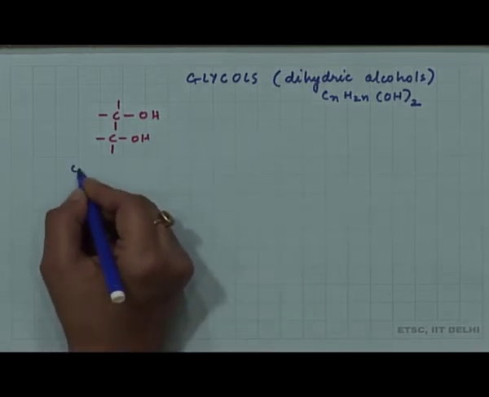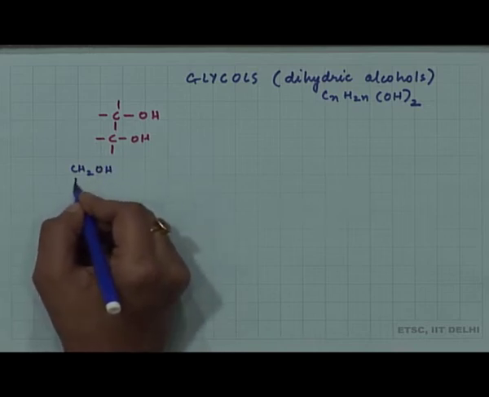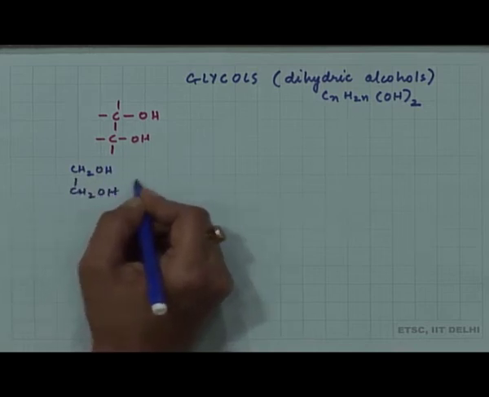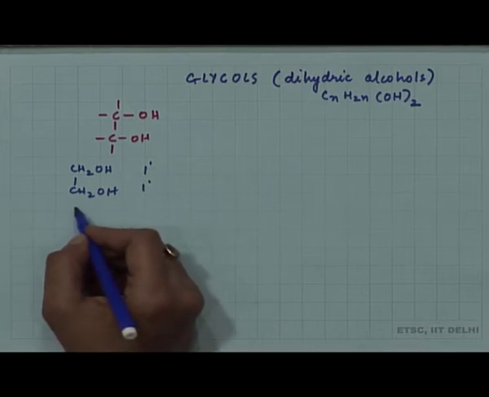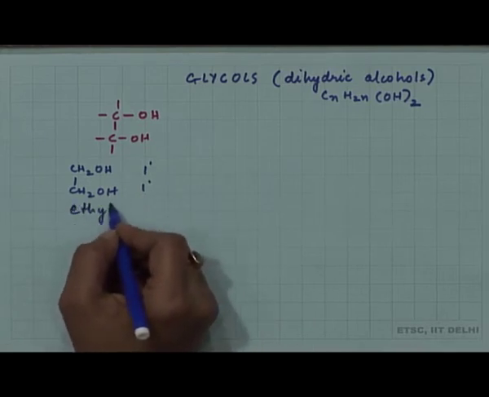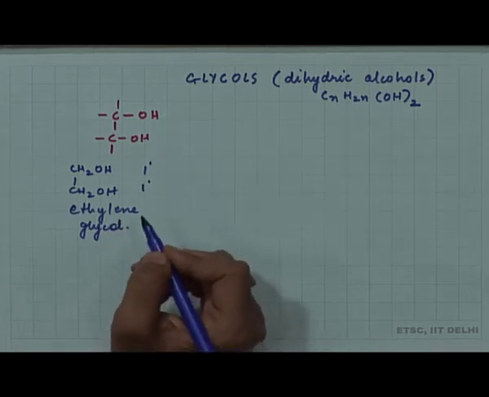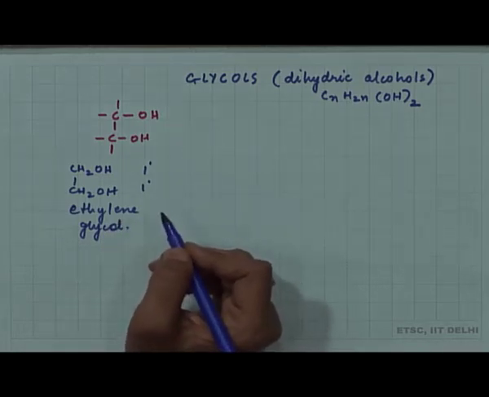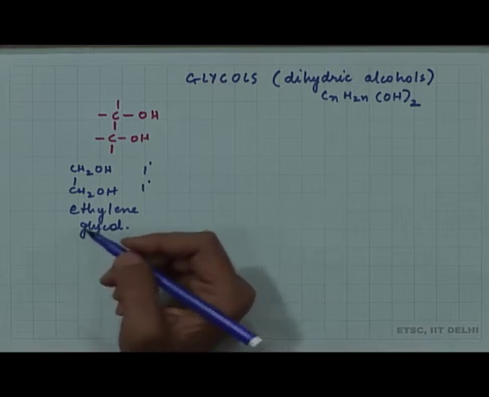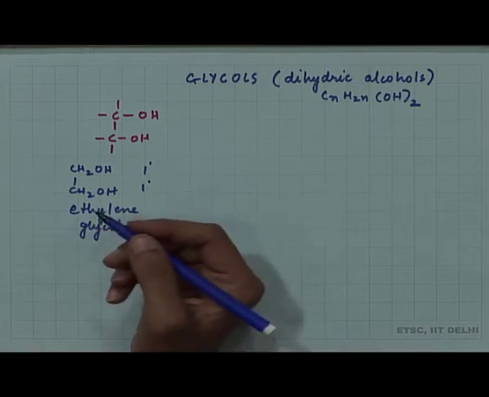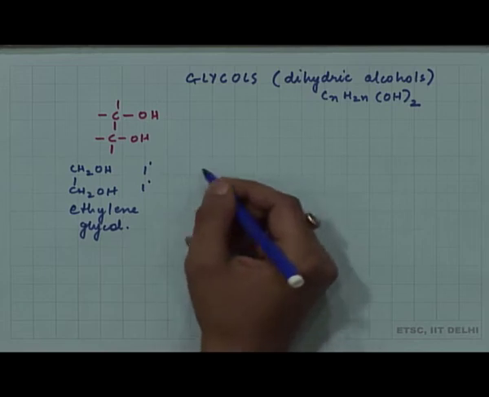If both are primary, you call this ethylene glycol. We also talked about the physical properties of glycols, when discussing what the impact of more than one hydroxy group is on the boiling points of these molecules by virtue of hydrogen bonding.